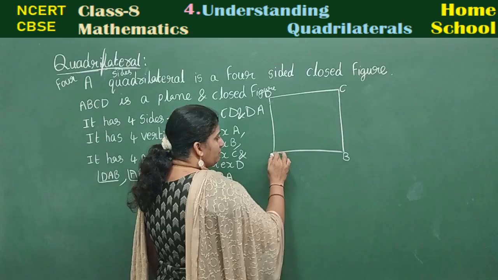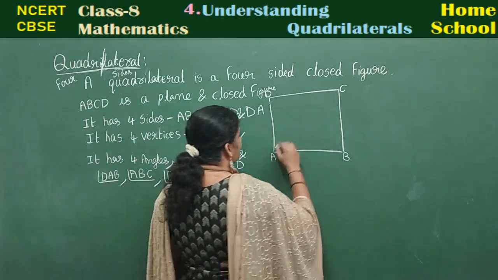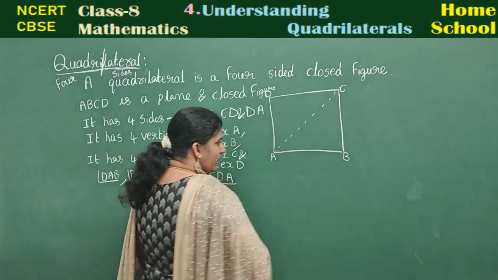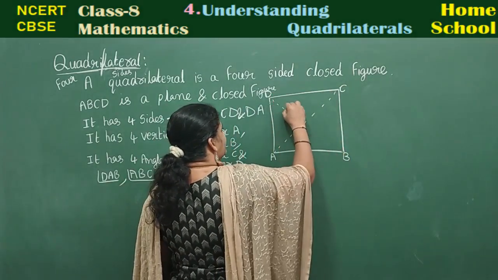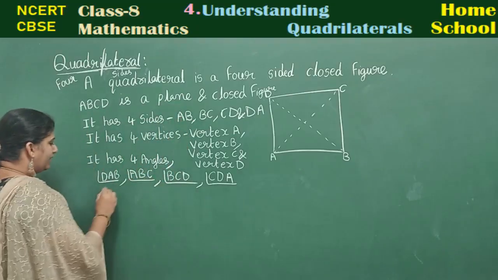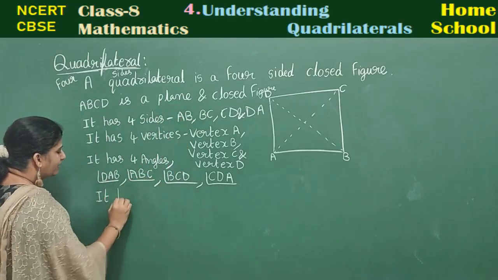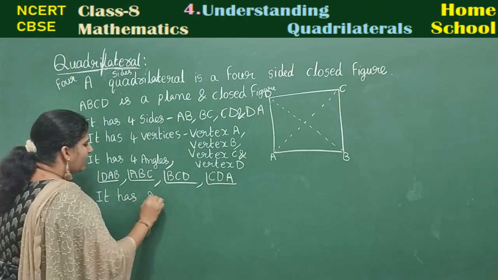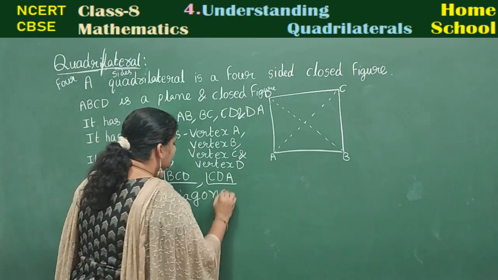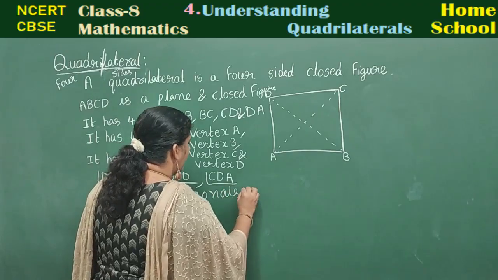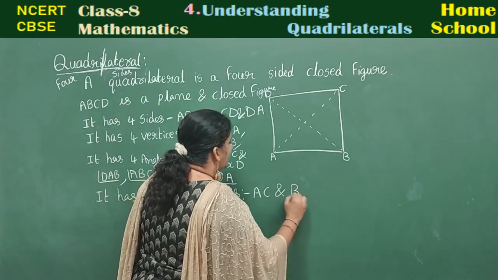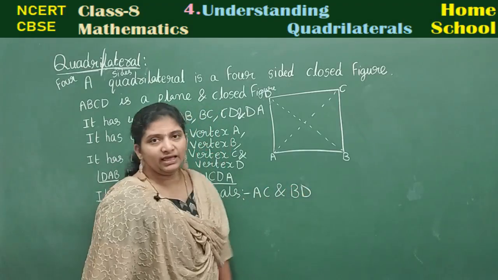Suppose I start from A, the non-consecutive vertex is C. Let us join C. AC is one diagonal and BD is one diagonal. There are 2 diagonals. They are diagonal AC and diagonal BD.